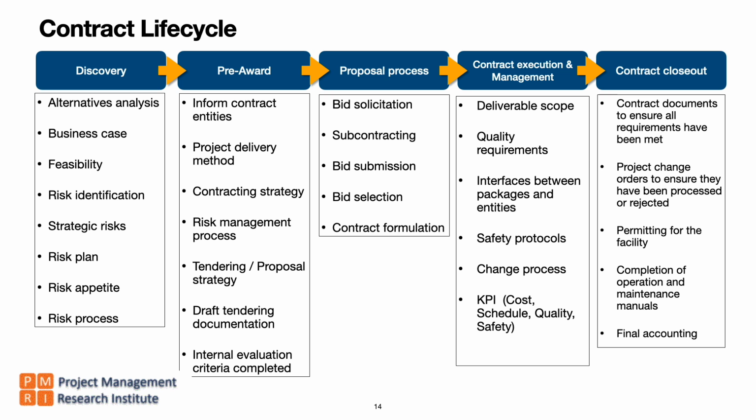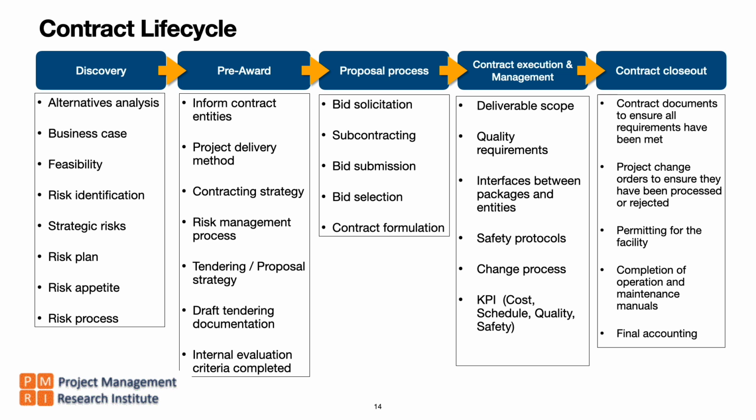The owner just has an idea and he does the technical feasibility, commercial feasibility, risk appetite, risk management, alternatives analysis, develops the business case, etc. And once the owner gets convinced, they move on to the pre-award phase.